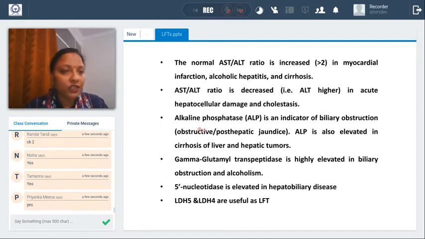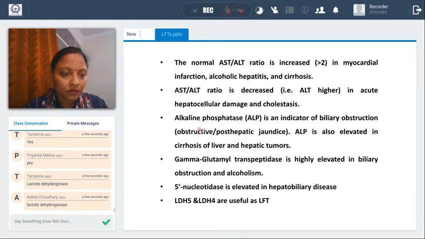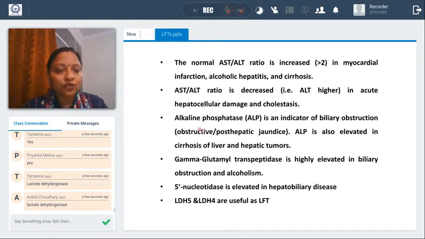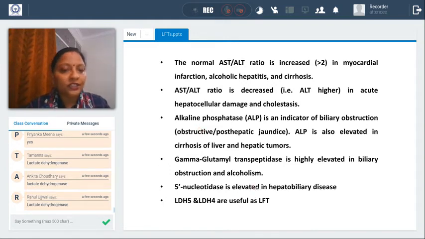And LDH, what is LDH? Please write in the box. Am I audible to all of you? Lactate dehydrogenase. The isoenzymes LDH5 and LDH4 are useful in liver function tests and in liver diseases.